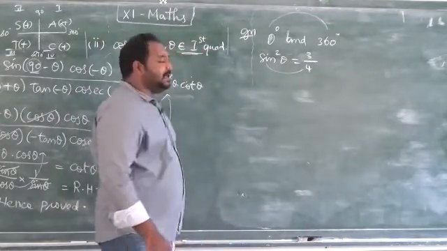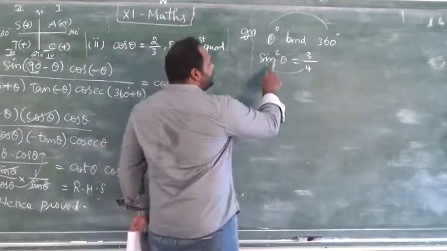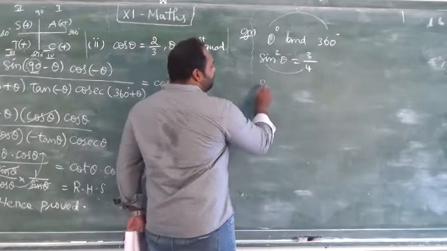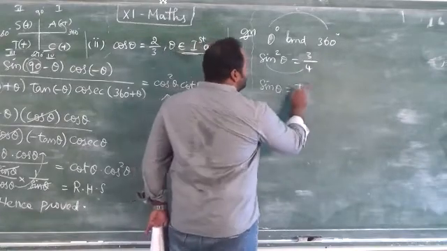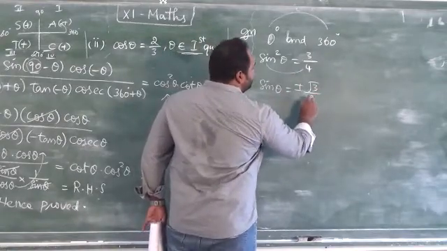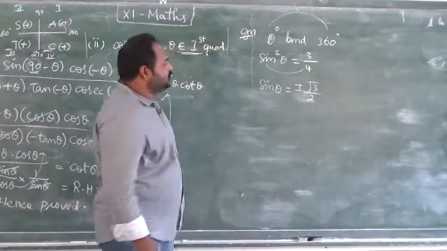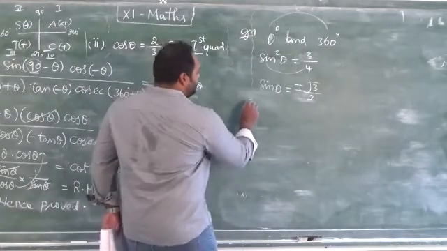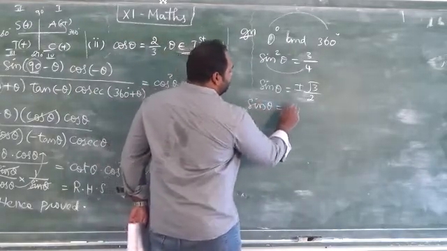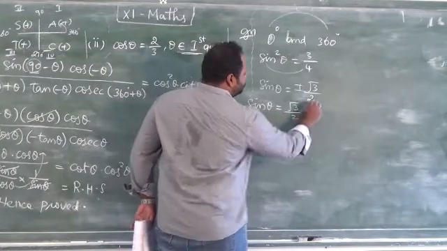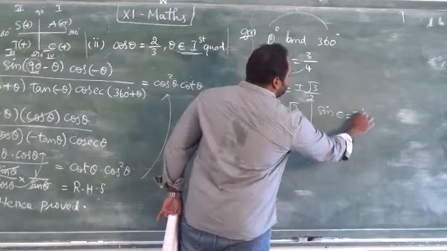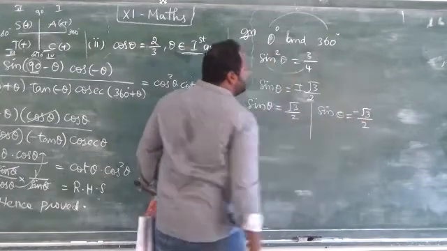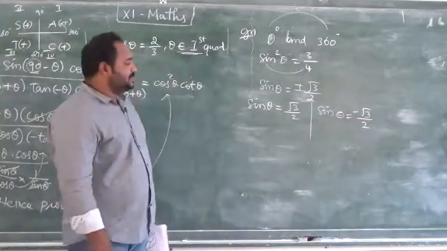First, before that, I am going to find sin theta. Here sin square theta is given, so first I find sin theta, which is plus or minus root 3 by 2. So we have two values for sin theta. One is sin theta equal to root 3 by 2, and another is sin theta equal to minus root 3 by 2. Two values we have.